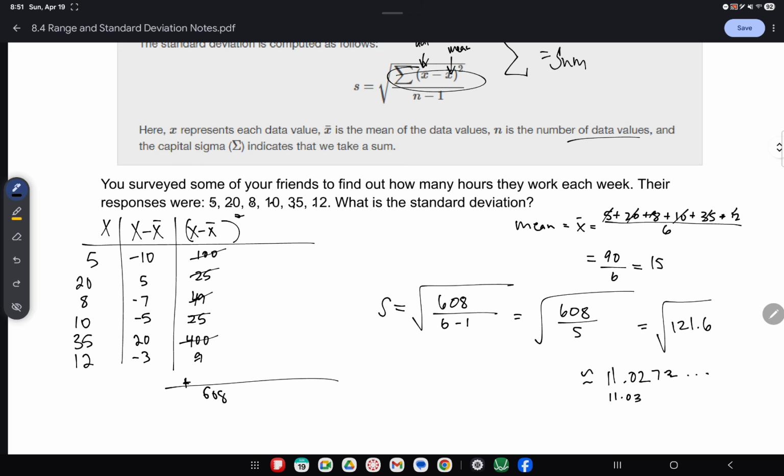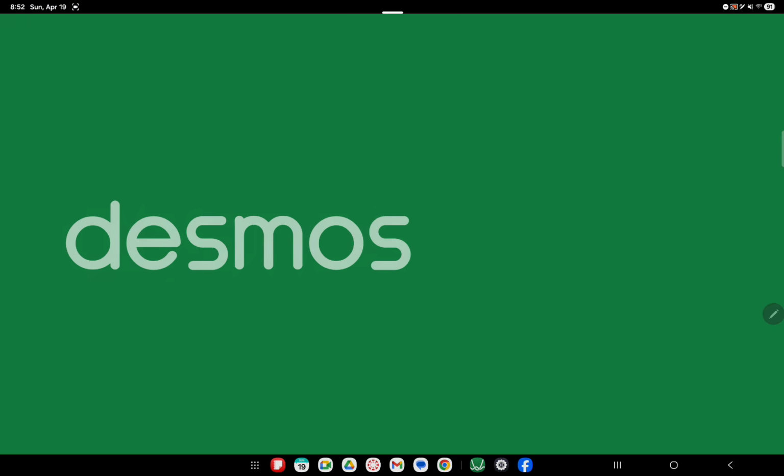I'm going to show you, and I believe Sheets will do it, and I know Desmos will as well. The website is desmos.com/calculator, if you've not heard of it. I can't remember if we've used it in this class before, so I'm going to go there first.